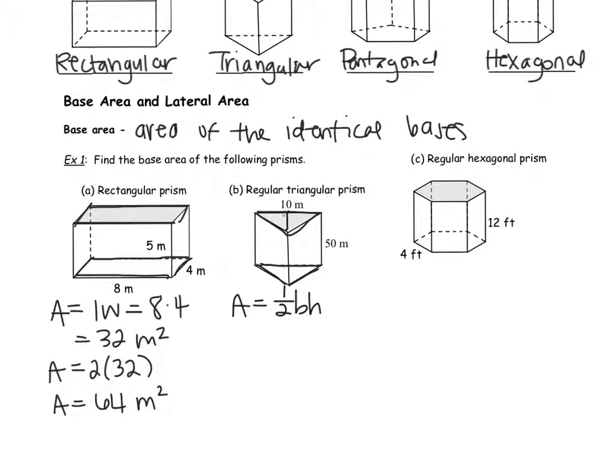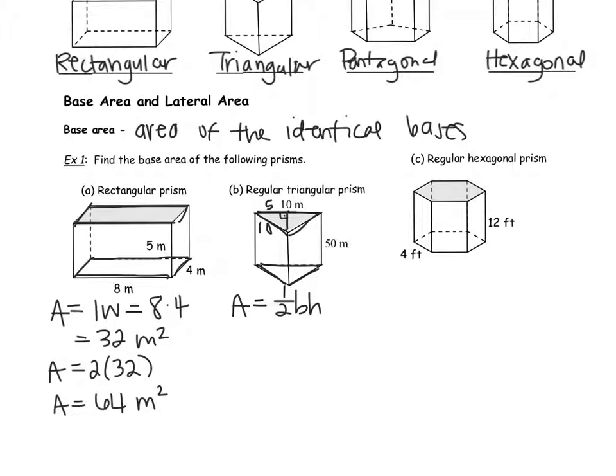When we find the height of our triangle, because it's an equilateral triangle, when we draw our height, which is our perpendicular distance, it's going to split the base in half, which means this distance is 5. We also know that because it's an equilateral triangle, the hypotenuse created by that triangle also has a length of 10. So in order to find our height, we have to use the Pythagorean theorem.